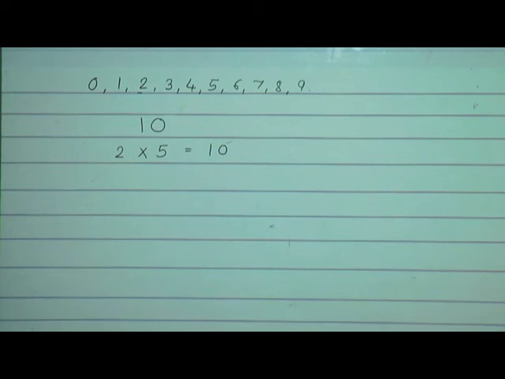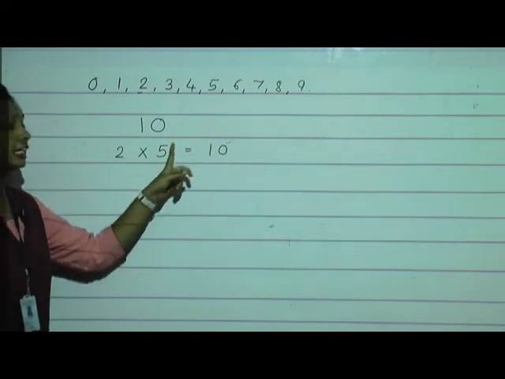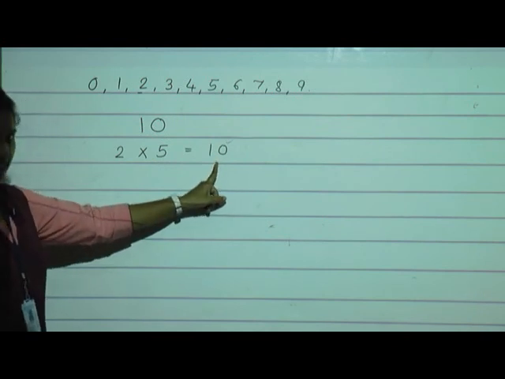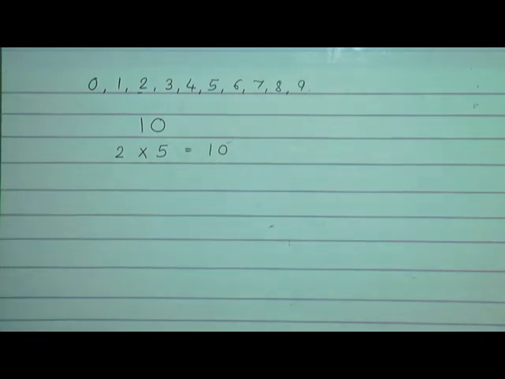The number 10 was thinking which two numbers were multiplied in my formation. Number 2 came down and said that I multiplied with 5 to give 10. So the numbers 2 and 5 give us 10, isn't it? You can see on the board.